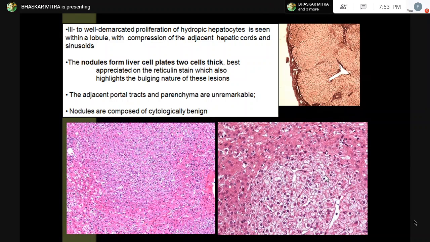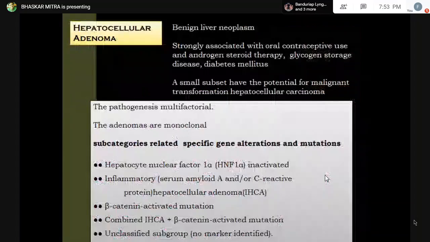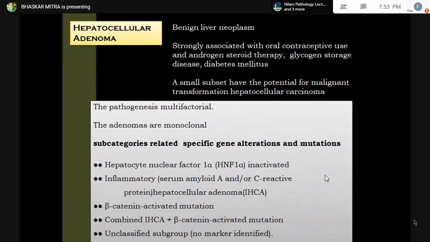Cytologically they do not show any significant atypia, regenerative change, or significant increase in mitotic activity. Now, these two are the hyperplastic conditions I have previously discussed. If we see the clonality, they show the polyclonal nature of the hepatocytes.